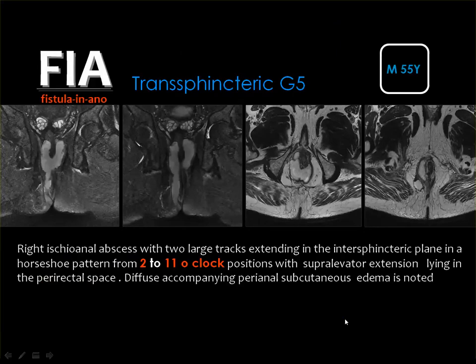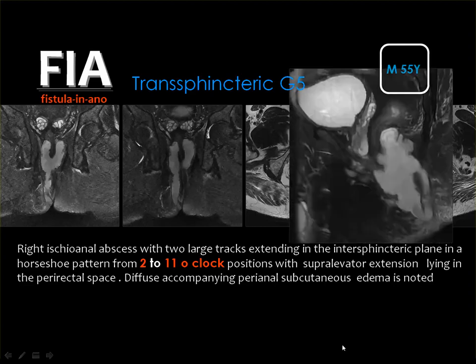Another example of a transsphincteric fistula, and you got two openings of the fistula tract, one at 2 o'clock and the other one at 11 o'clock, and this fistula arches along the posterior aspect of the anal canal with extension in the ischioanal fossa to the external opening.